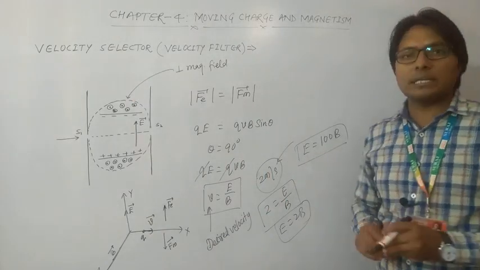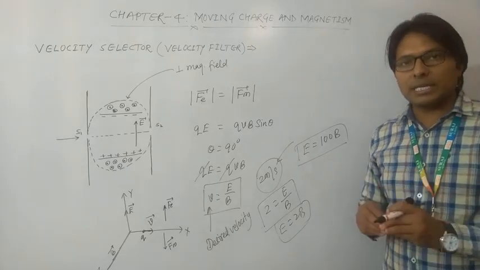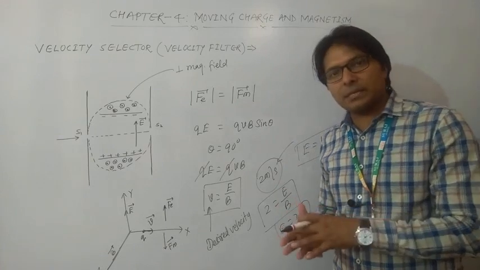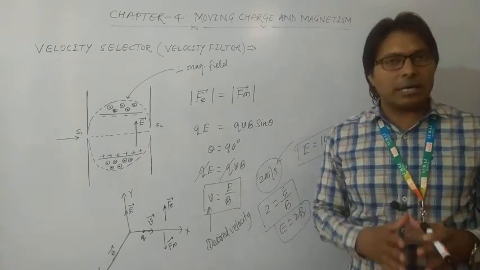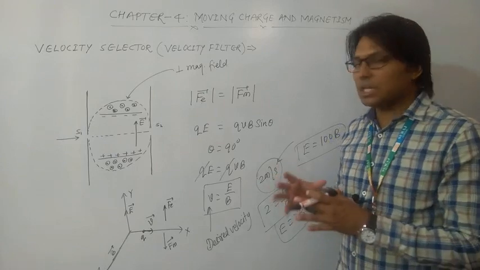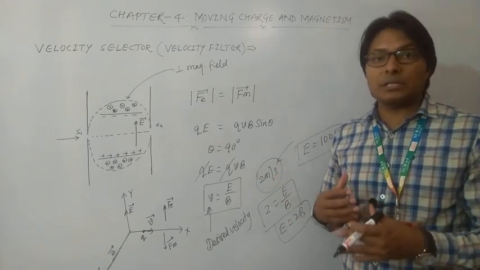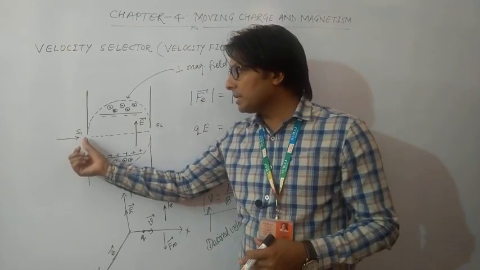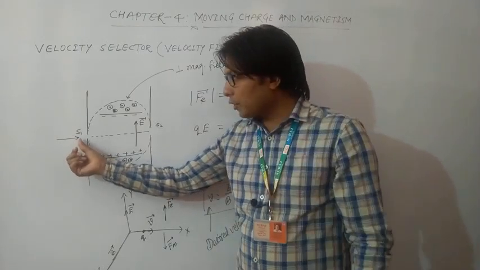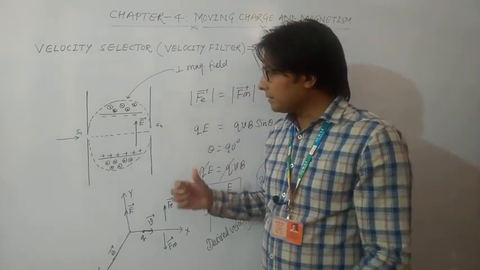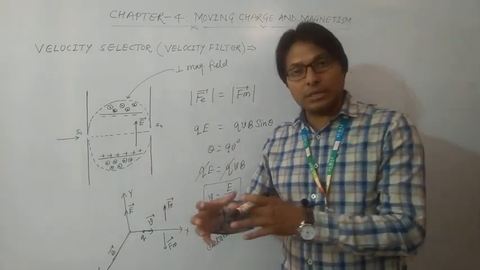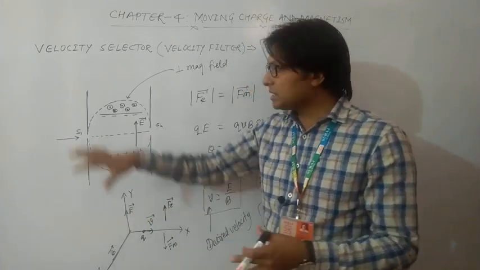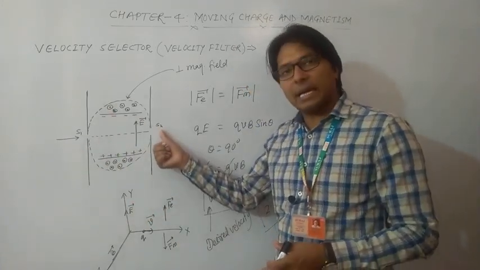So in the velocity selector, perpendicular magnetic and electric fields are applied simultaneously, and the beam of charged particles moving with different velocities is projected, entering from slit S1, and the particle having the desired velocity is filtered out of these charged particles from slit S2.